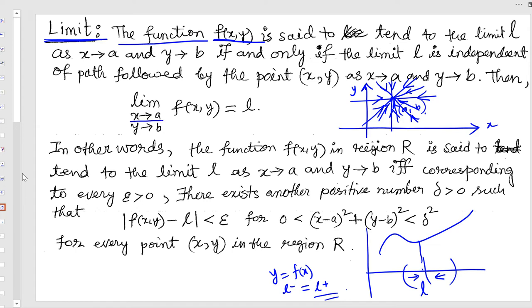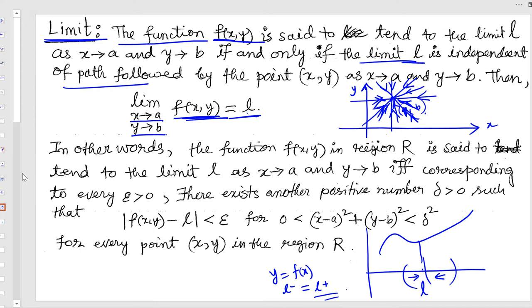So x tends to a and y tends to b. If there is a finite number L, and the limit is independent of any path followed, so you can follow any path, and the functional value is L, then we call this L the limit of this function.